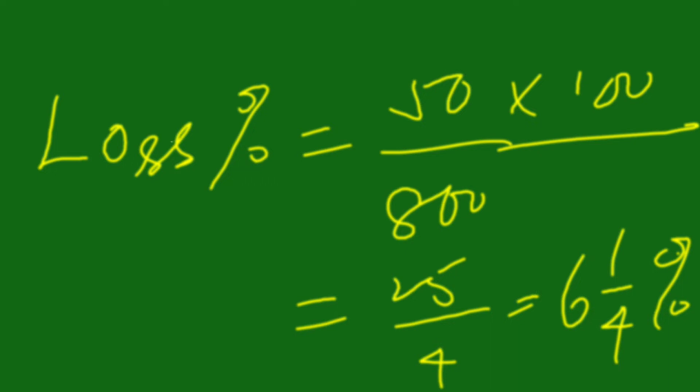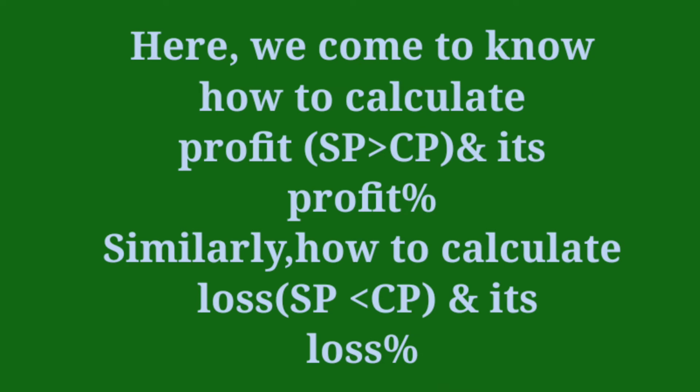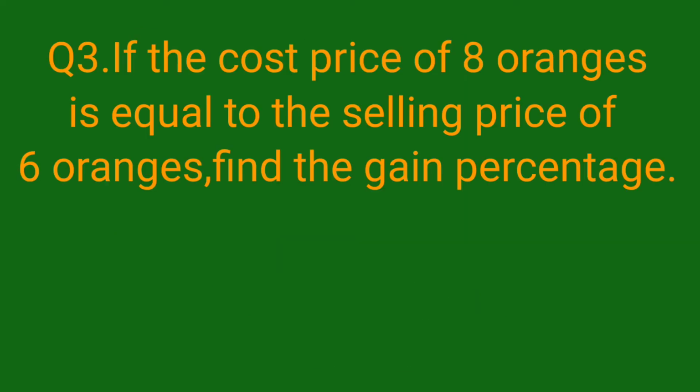The working is done over here. You can check the working I have done on the board. Here we come to know how to calculate profit: when SP is greater than CP, then only profit, and when SP is lesser than CP, then it is loss.